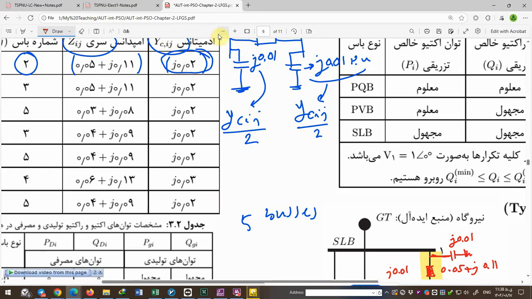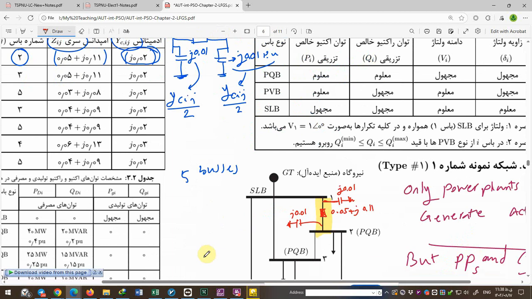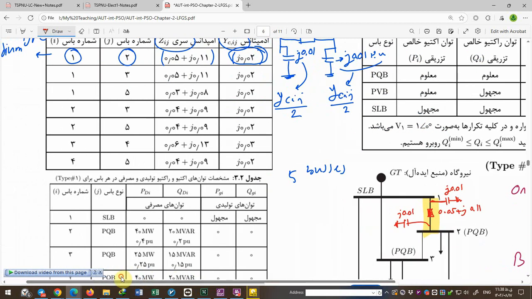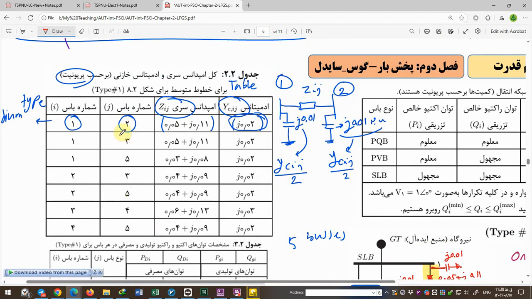Another impedance and admittance of transmission lines is described in table 2.2. This table only describes the specification of the transmission lines.